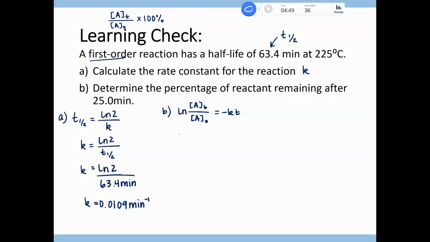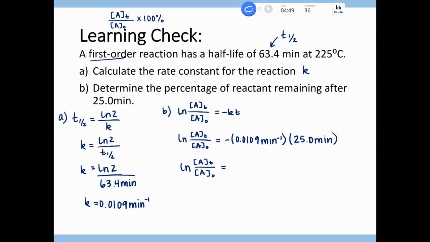So plugging in the values that we do have, we plug in the value for k, and t is 25 minutes. So natural log of this fraction is equal to negative 0.2733.